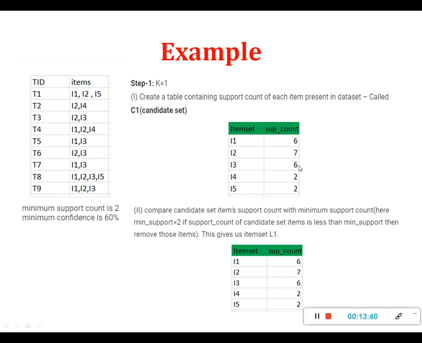Then I3, 6 is greater than 2, so I3 is also included with its support count 6 in the list L1. Then I4 is equal to 2, which satisfies greater than or equal to, so we consider I4 as frequent, and I5 is also frequent because it is equal to 2.